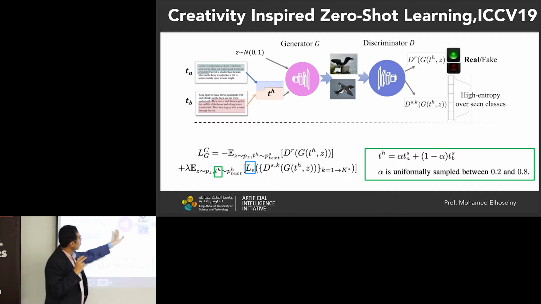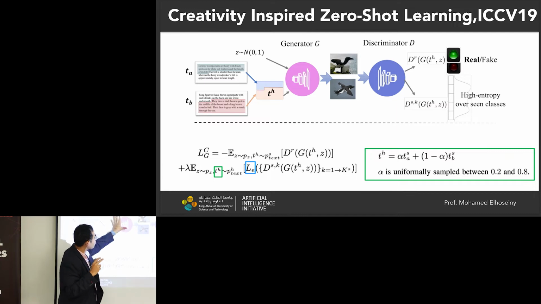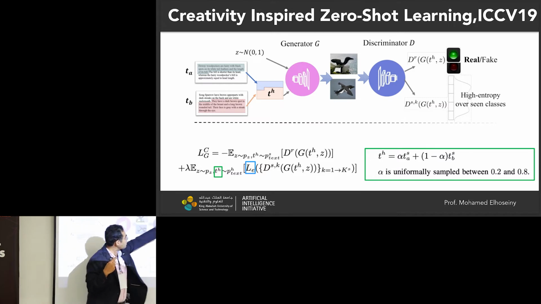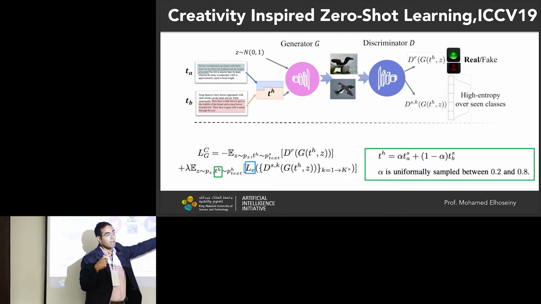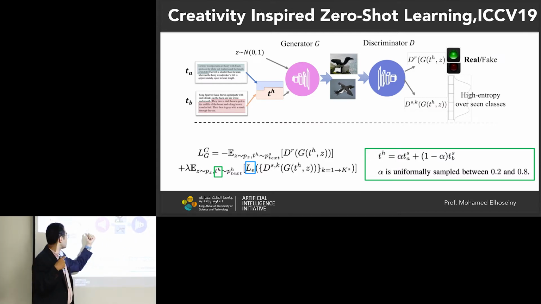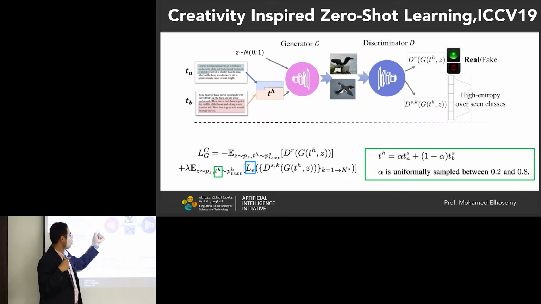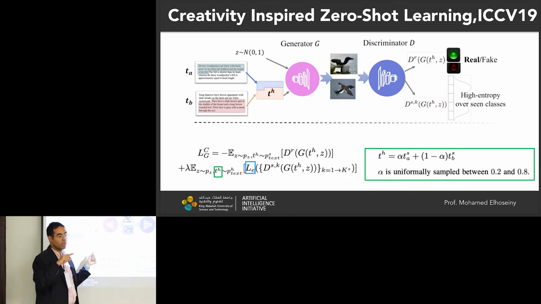And then we feed that to a generative model that aims to depict the visual generations of that hallucinated unseen class. We want that to be realistic, so we want to trick the discriminator into believing that it's real. But since this is a hallucinated description of an unseen class, one thing we need to inform this neural network about is that this should not belong to any seen class.